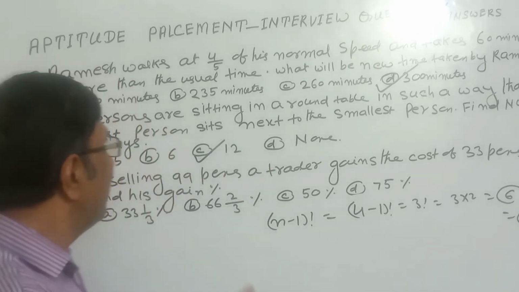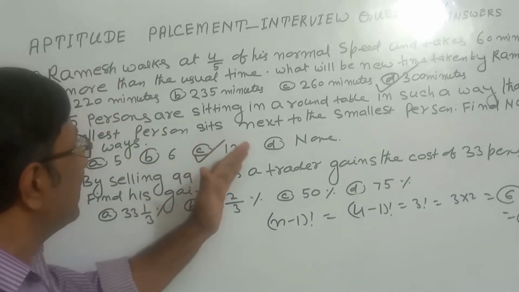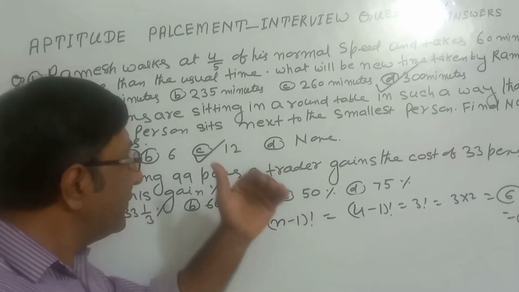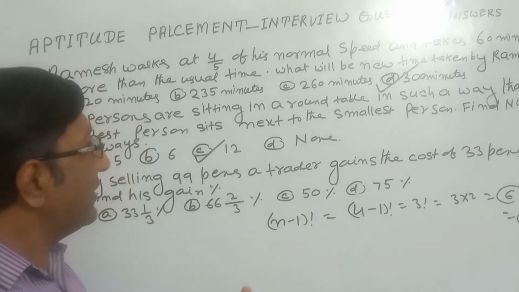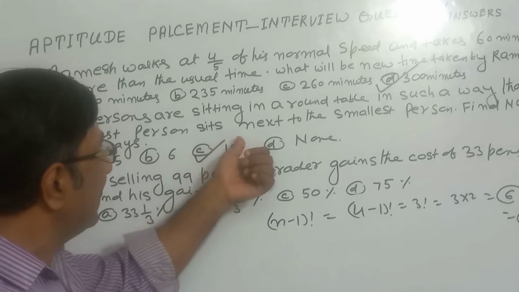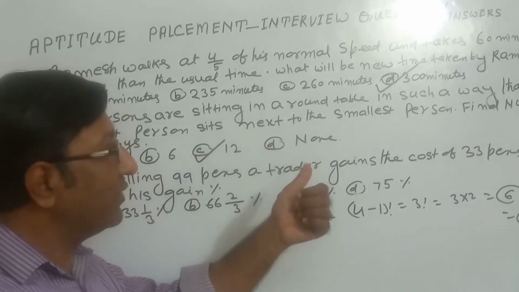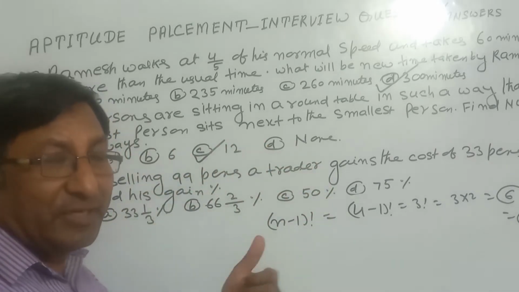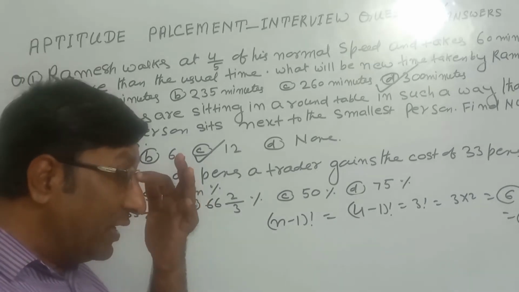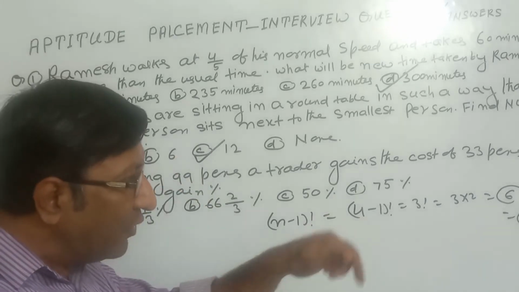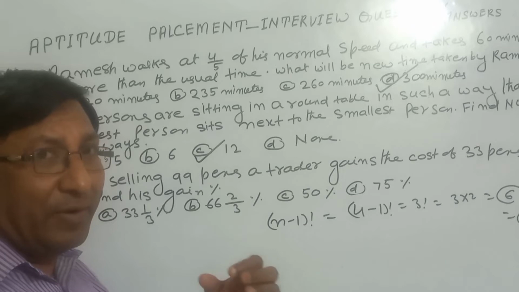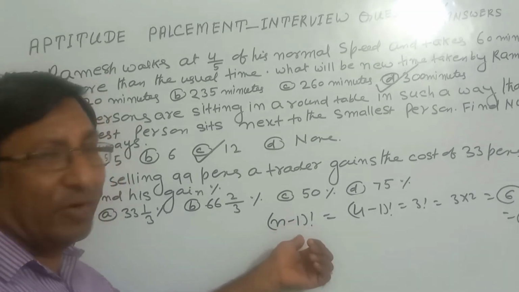So, a simple question: 5 persons are sitting around a round table such that the tallest person sits next to the smallest person. Find the number of ways. For this type of question, we know that if there are n persons sitting around a circular table, then our trick is n minus 1 factorial.